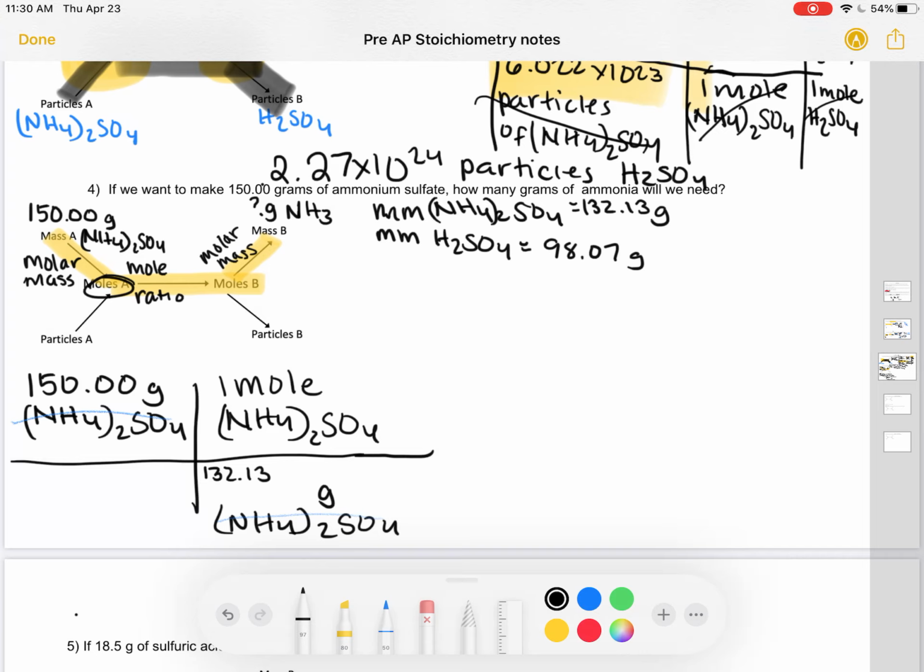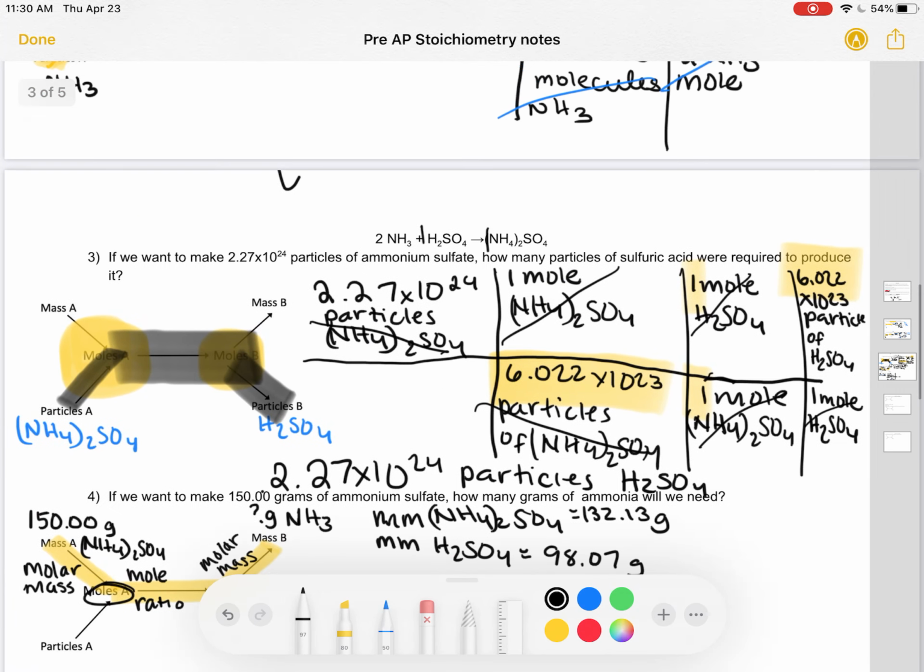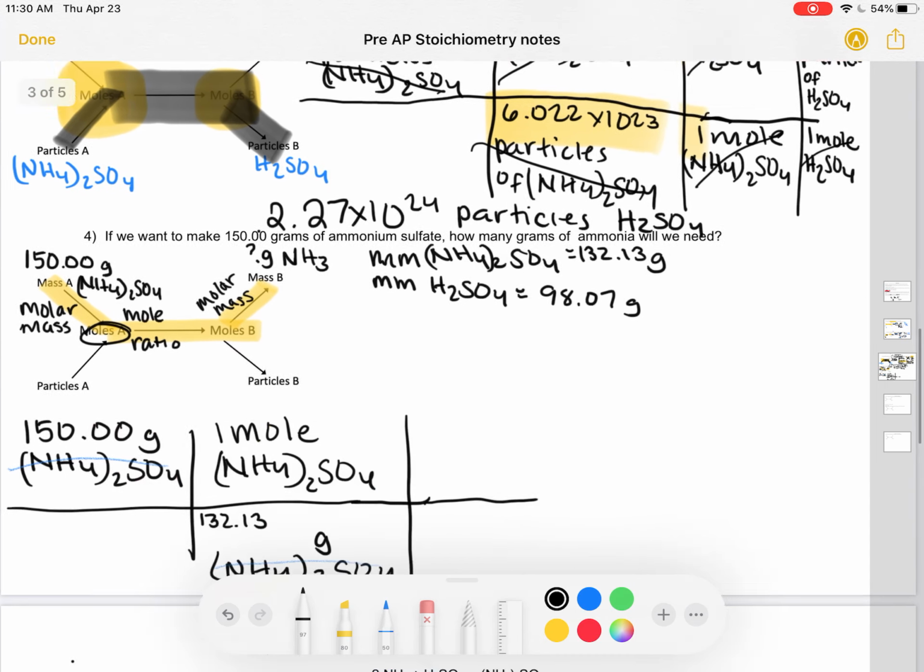Okay, next, we're going to get rid of moles of ammonium sulfate and get moles of ammonia. So we have to go back to our chemical equation. Here it is. For every 1 mole of ammonium sulfate, it uses 2 moles of ammonia.